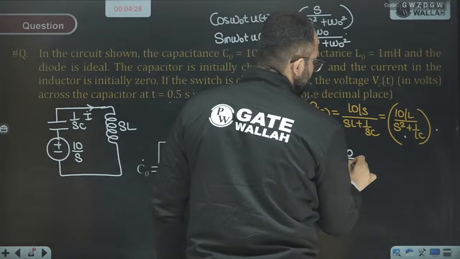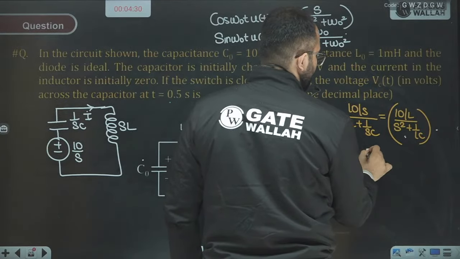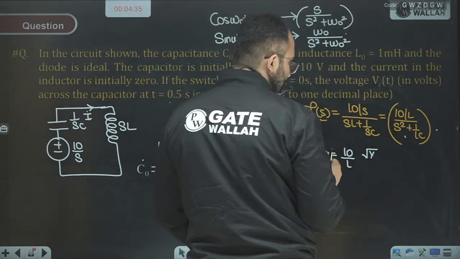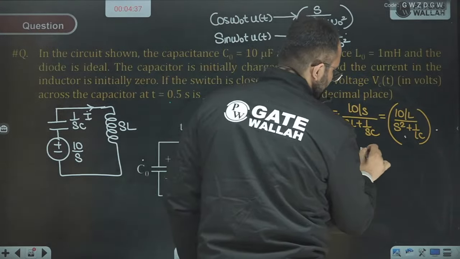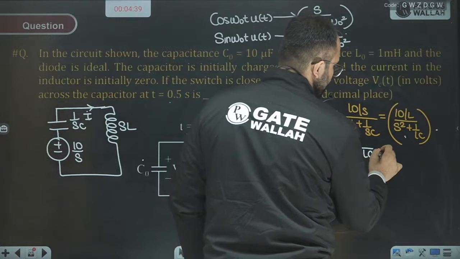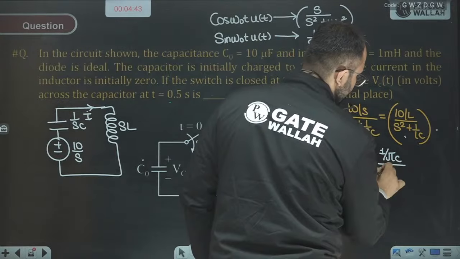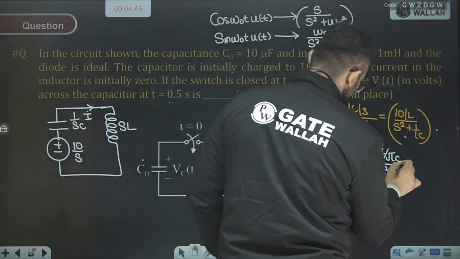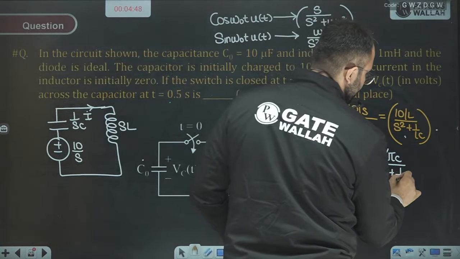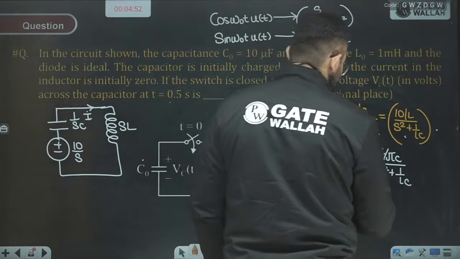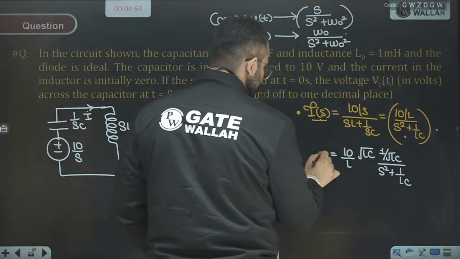So we multiply and divide by under root 1 upon LC. So we get 1 upon under root LC divided by S square plus 1 upon LC. Okay. So by simple changing we can get this result.